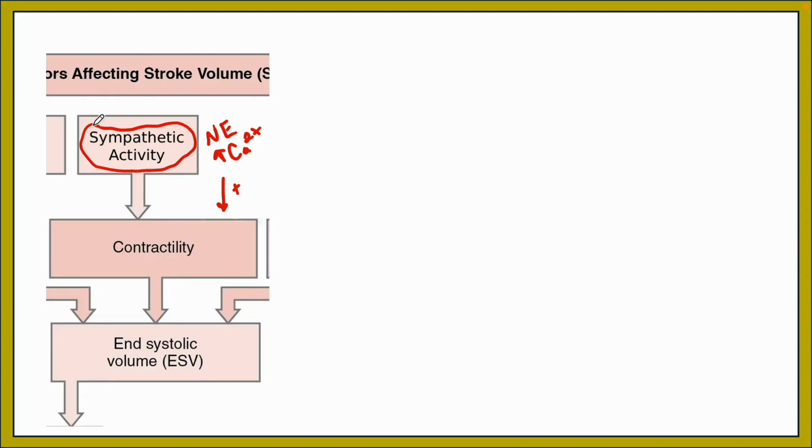Parasympathetic activity can also affect contractility, but this is mainly occurring in the atria, and it's very minimal in the effects that it could have. So epinephrine, thyroid hormone, and glucagon, those hormones can affect contractility as well.